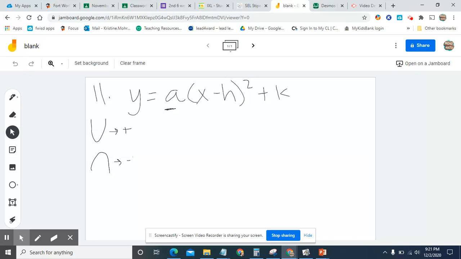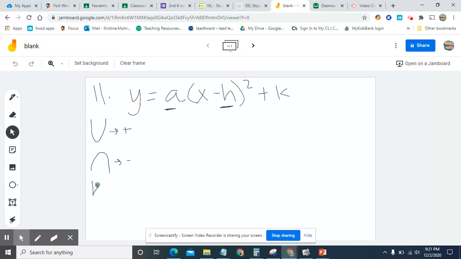The x will always stay in it, just like any other normal equation. You always have an x and a y. That is the same for here too. They don't change. This h, though, I don't know why it's not showing up on here. Okay, a huge delay there. The h is what changes side to side.